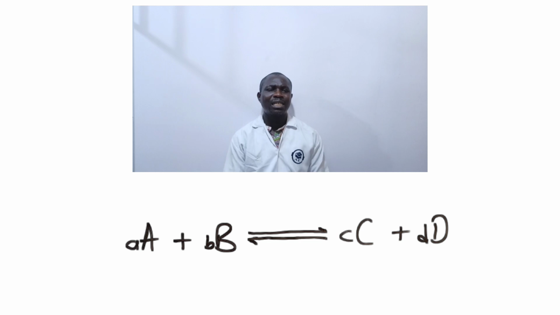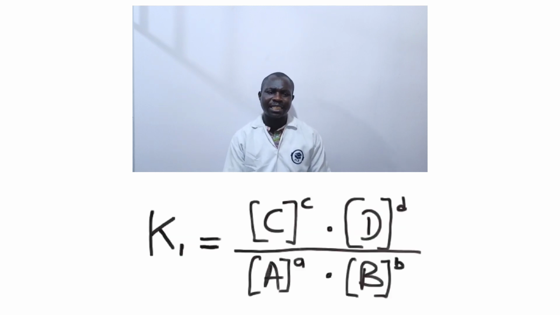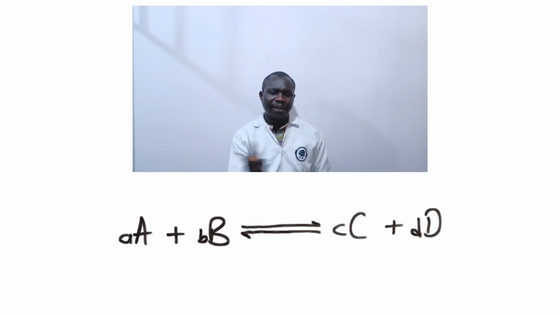Now if you write the equilibrium constant, the equilibrium constant K is given as concentration of products raised to their coefficients divided by what? Concentration of reactants raised to their coefficients. On that note, two reactions are there because it is a reversible reaction, to and what? Fro.